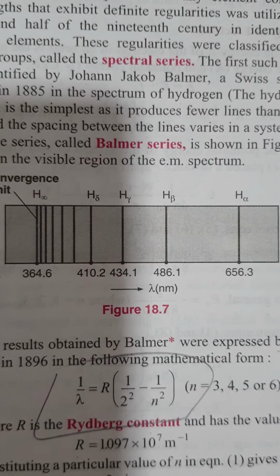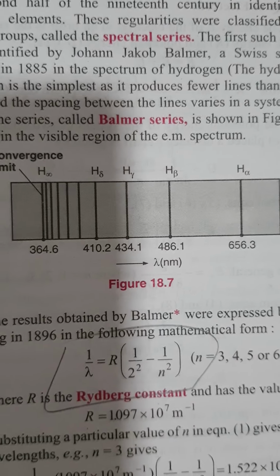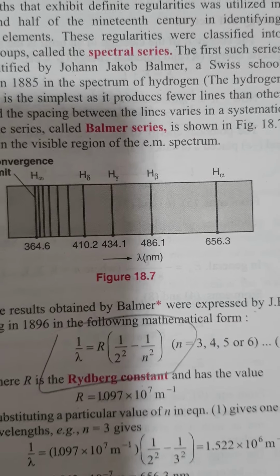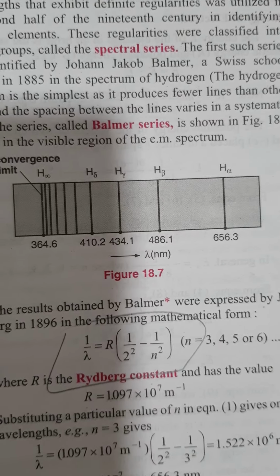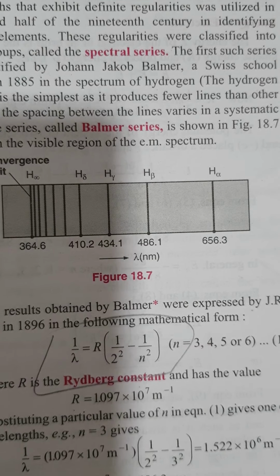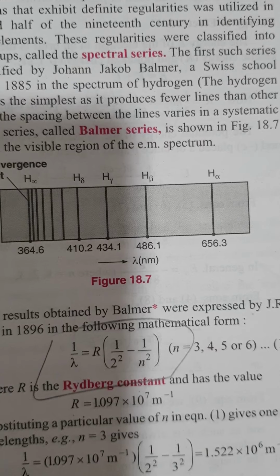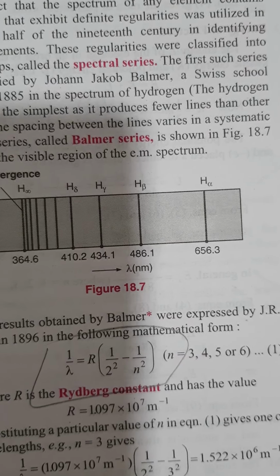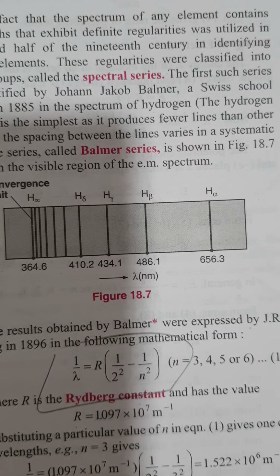Now as you can see in this diagram, it is the hydrogen spectrum, the emission spectrum for the hydrogen atom. The scientist called Balmer was the first scientist who studied the emission spectra of the hydrogen atom.